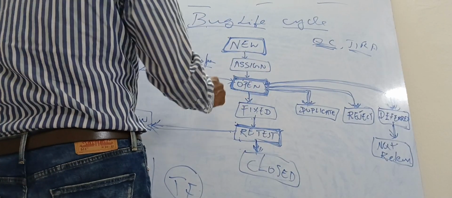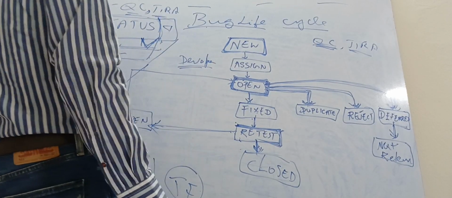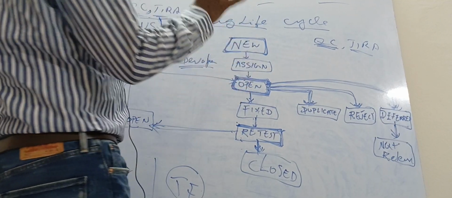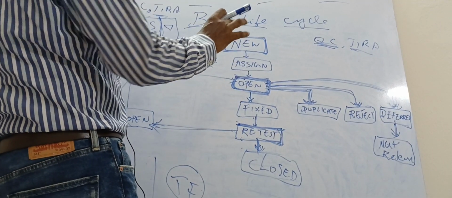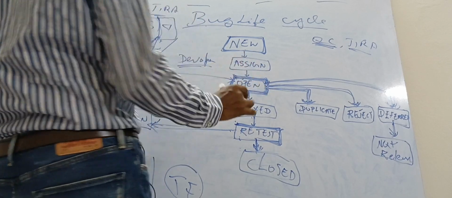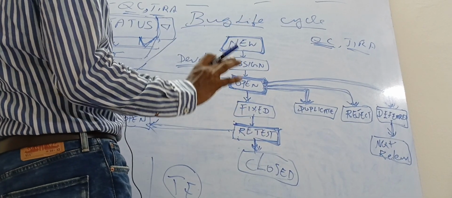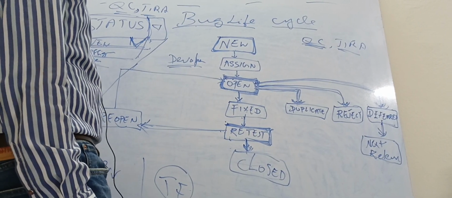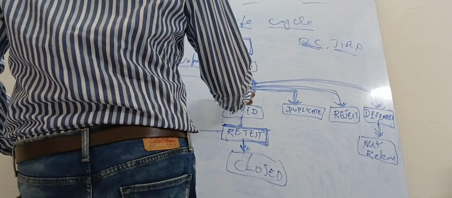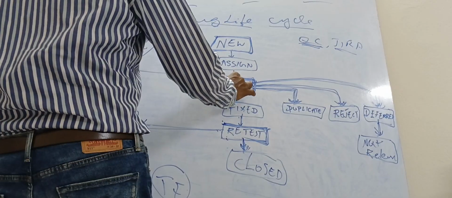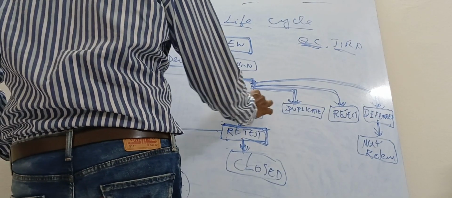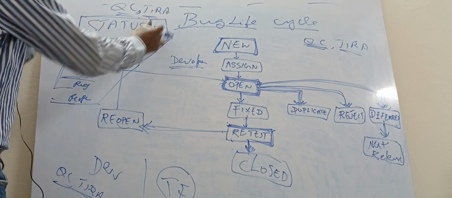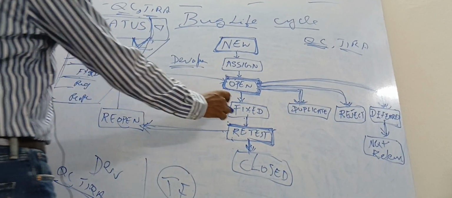Once the developer has opened this defect, open means if the defect is truly a defect, the developer will work on that defect. Once he has worked on it, the developer will fix the defect and change the status as fixed in the tool.